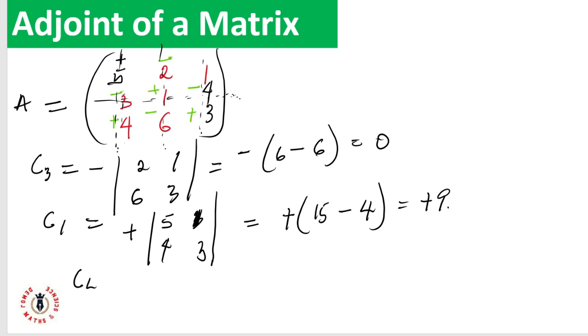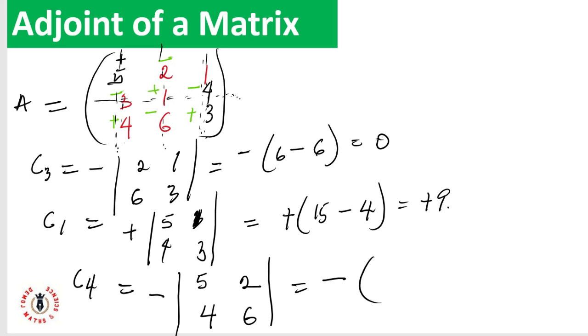Now C4, that's on the third column and the second row. So that will be minus 5, 2, 4, and 6. So that's equal to minus, 5 times 6, that's 30, minus 8, which is equal to minus 22.